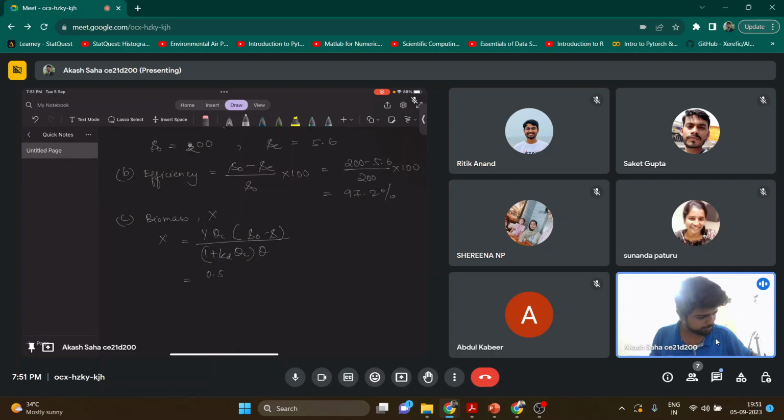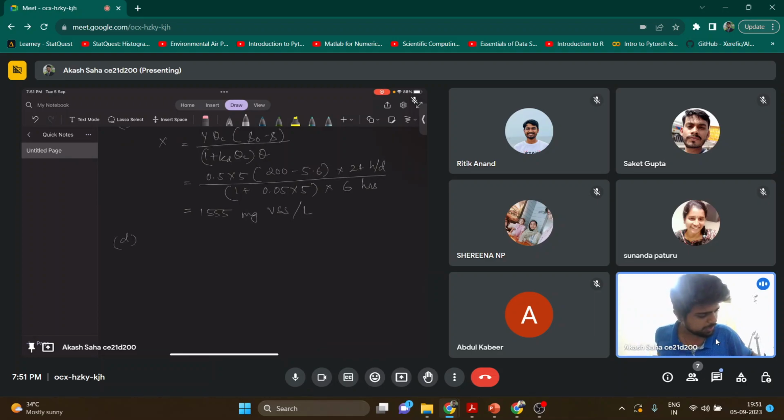It will be 0.5 into 5, 200 minus 5.6. I will change into hours per day, 24 hours per day, divided by 1 plus 0.05 into 5 into theta is 6 hours. So my X value will be 1555 milligram VSS per liter.